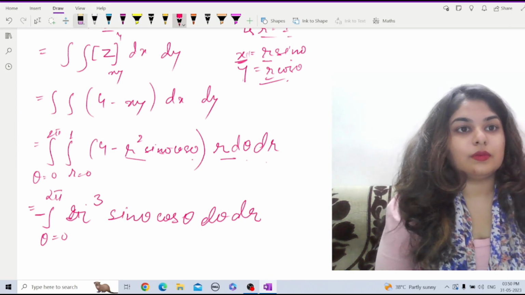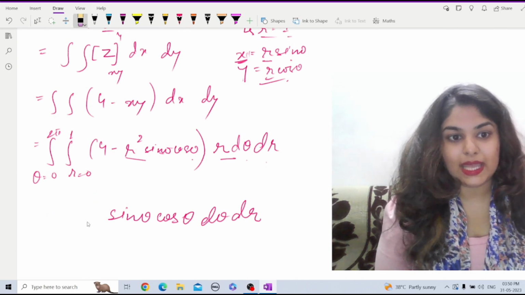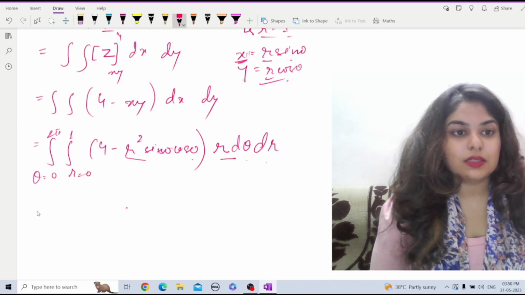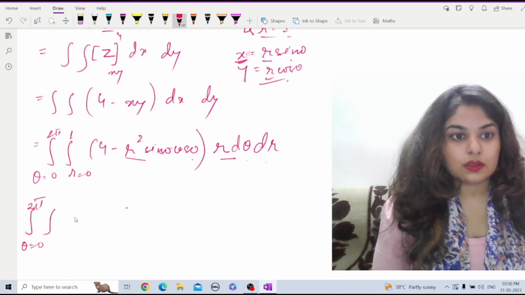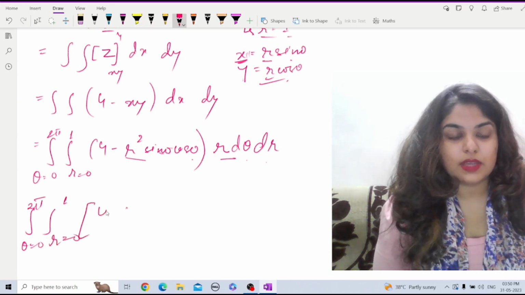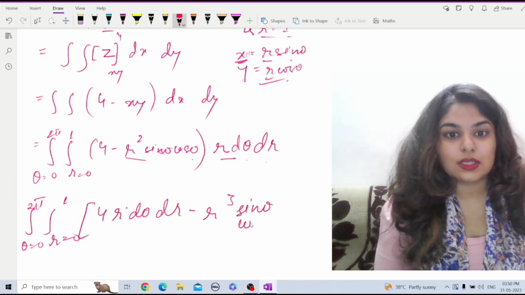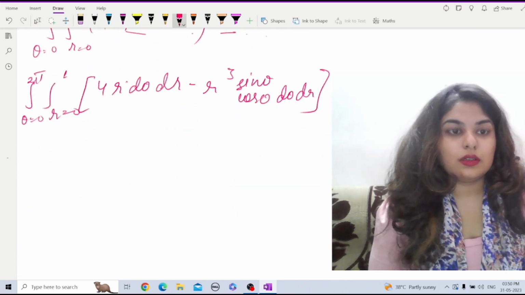Instead of doing it in this way, first let us simply multiply and then we will put the integrals. So first let us have our limits, and we just multiply, that is we have 4r d theta dr minus r cube sine theta cos theta d theta dr. Now let us put the integration.